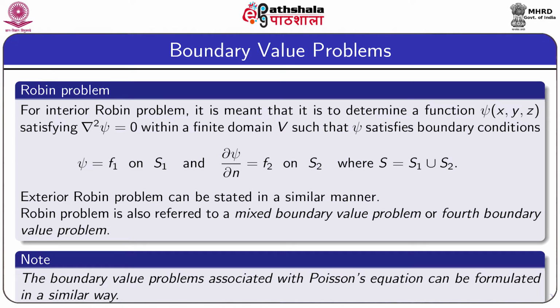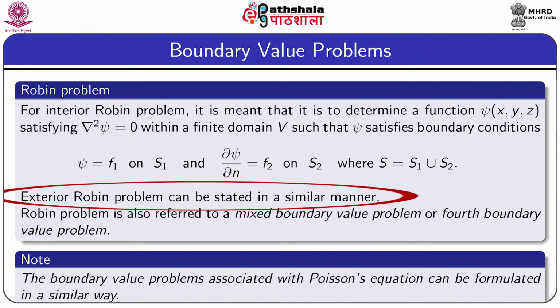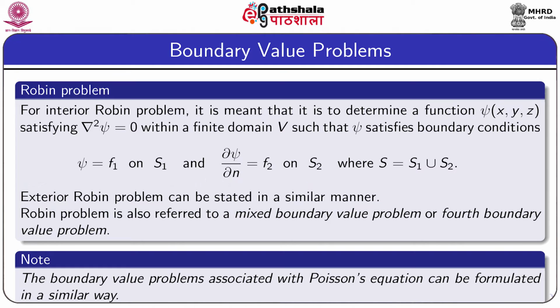In the similar manner, we can define exterior Robin problem. Robin problem is also referred to as a mixed boundary value problem or fourth boundary value problem.